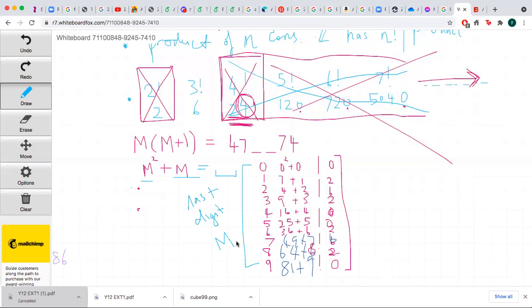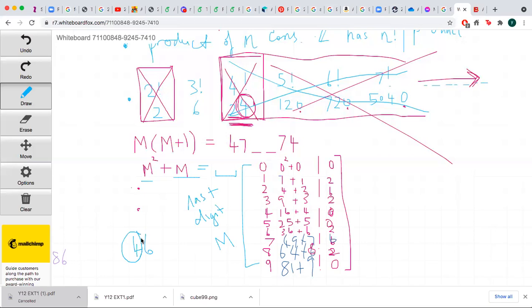And the reason is because if I consider the tens, so let's say m is like 46, well, the effect of the 40, squaring that and then adding it to itself, is only going to contribute a last digit of 0.